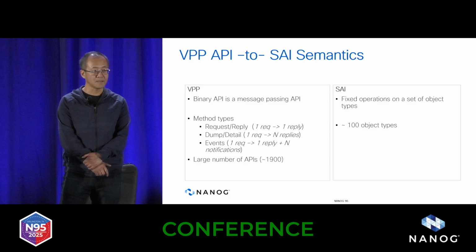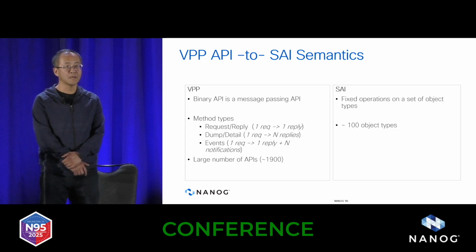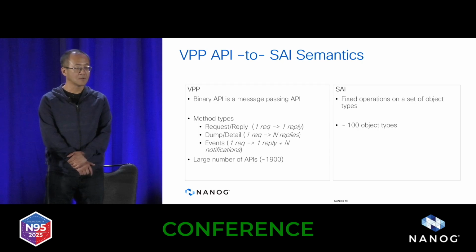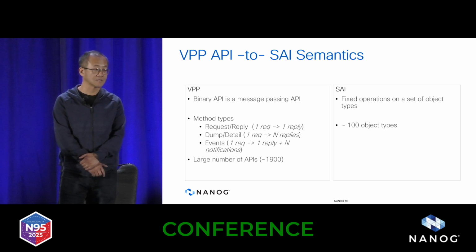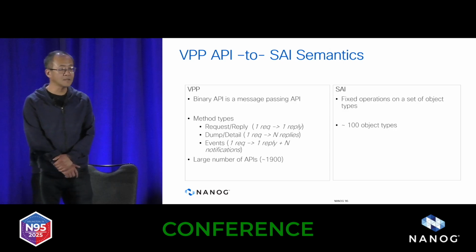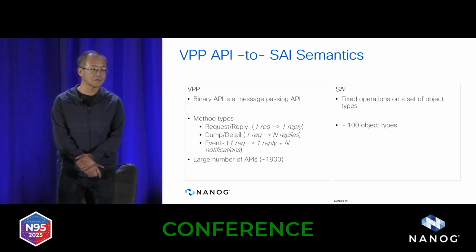It has three main message types: request and reply, with one request and one reply; dump detail, with one request and multiple replies, for example, to get all the interfaces in the system; and events. For events, there is one request for the event registration and one reply for the registration result, followed by multiple notifications, one notification for each occurrence of the event. It has a large number of APIs.